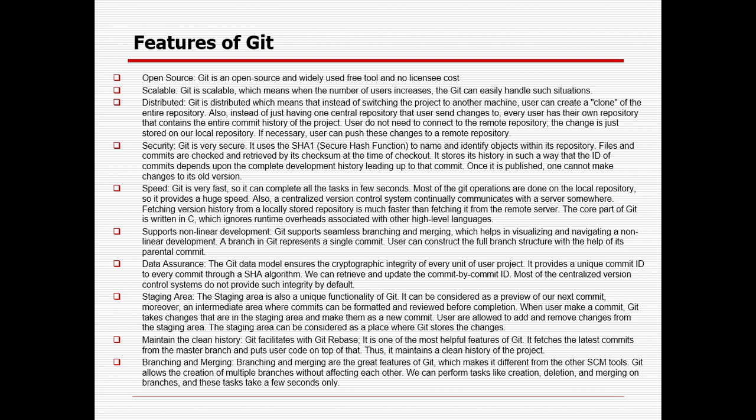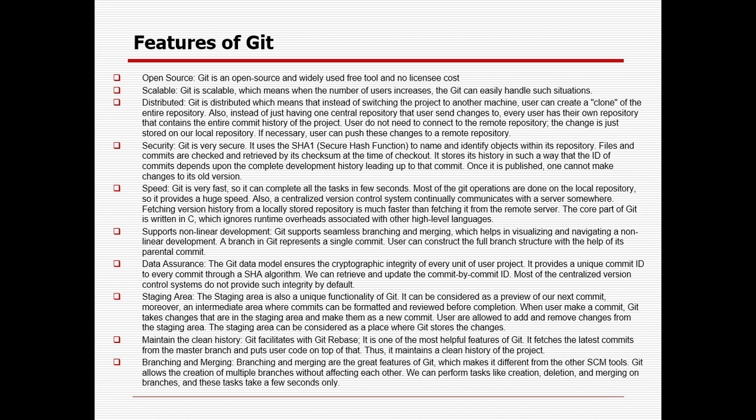The commit ID can be 20 or 25 digits, but with the help of the first 7 digits, which will be unique in nature, we can revert back to the original one. We can retrieve and update a commit by its commit ID. Most centralized version control systems do not provide such integrity by default. So there is no loss of data, and we can provide assured data.